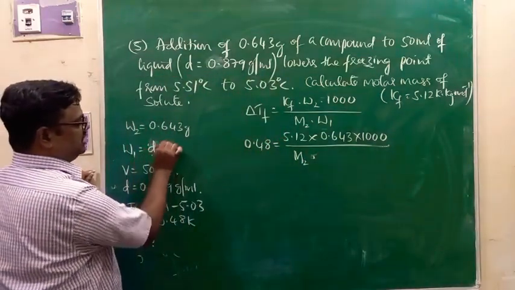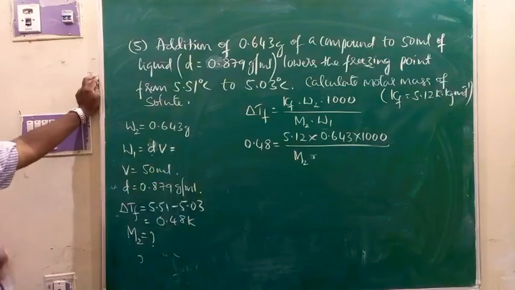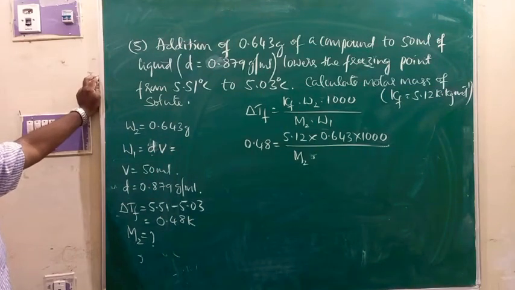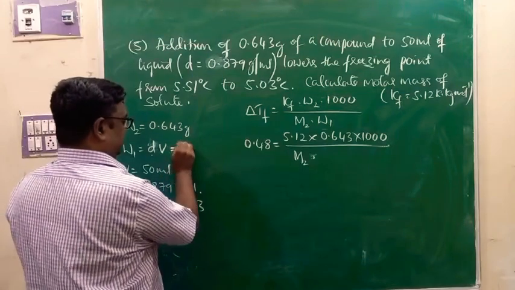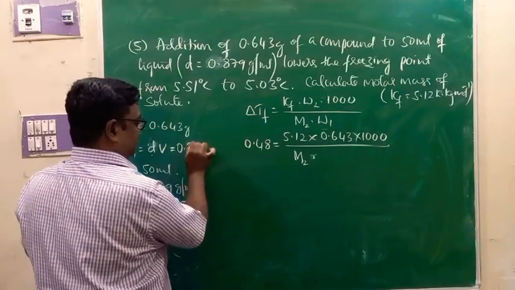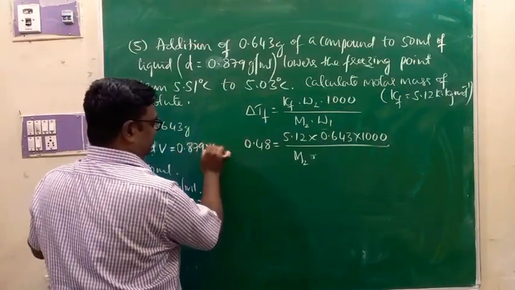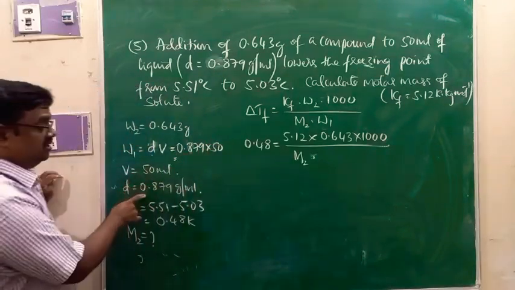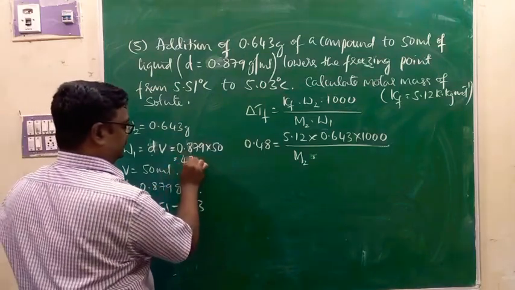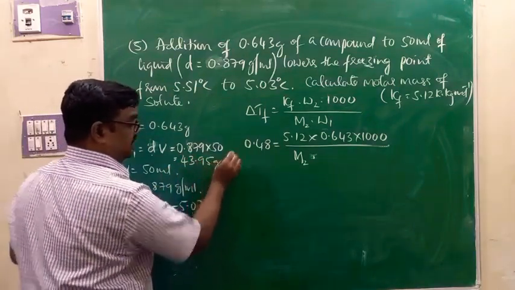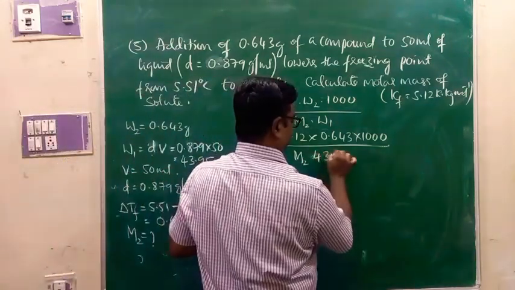W1 is equal to density into volume. Density is equal to what? Mass per volume. Therefore W1 is equal to D into V. What is D? 0.879 into 50, right? See what 50 into D comes to. 0.879 into 50. Yes, 43.95. That is mass of solvent. That is 43.95.